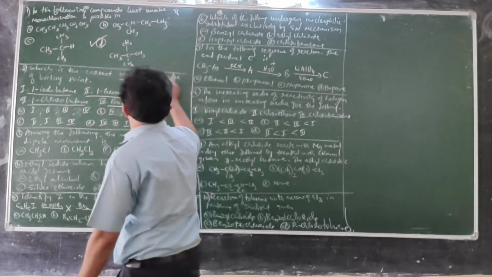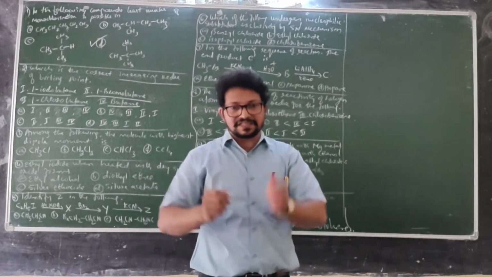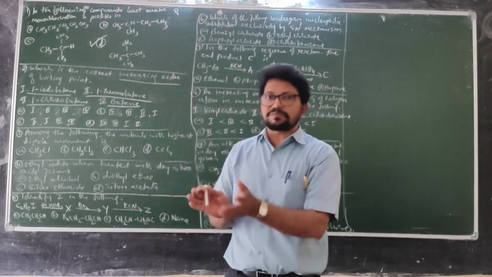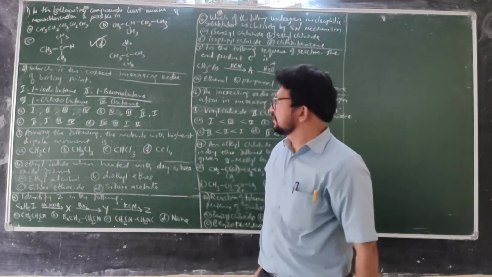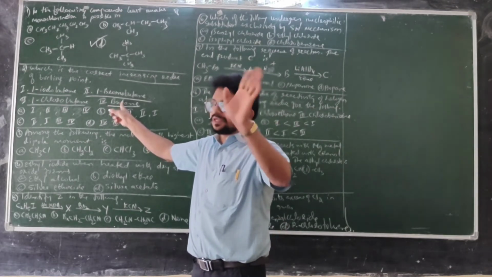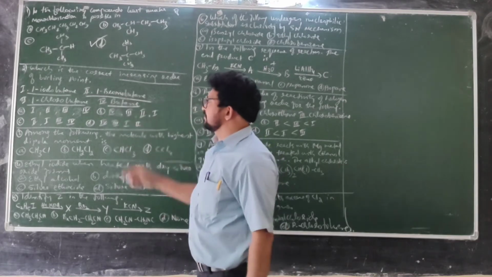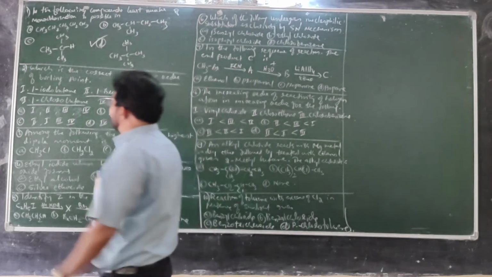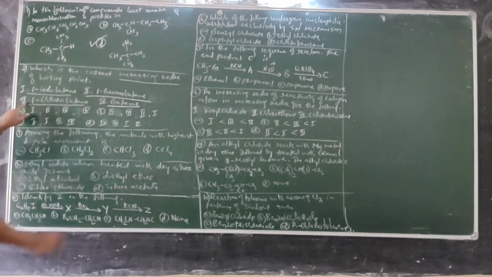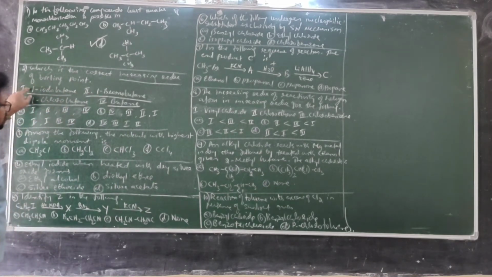Okay. Now what is the order? Increasing order. This word is also very, very important. What do you mean by increasing order? Lowest boiling point should come first. See students, this is only butane, so this is a non-polar molecule. So this should be the lowest. So 4 less than 3, less than 2, less than 1.